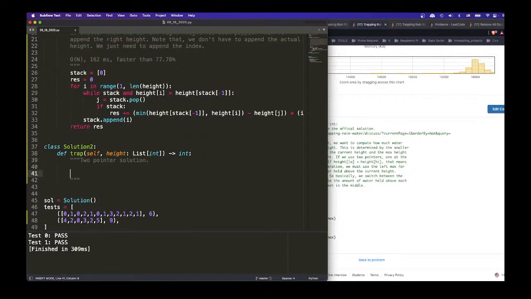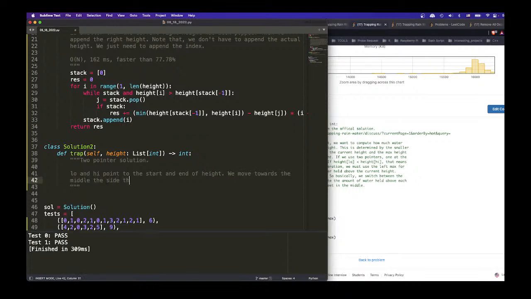So we have the low and high, right? Low and high point to the start and end of height. We move towards the middle, the side that is smaller, and we keep track of the index that points to the current height, current max height on left or right.